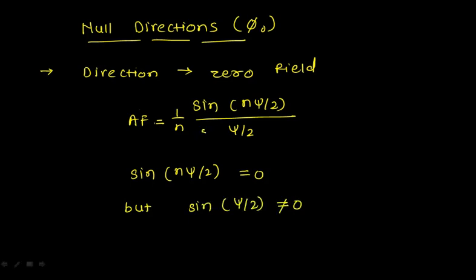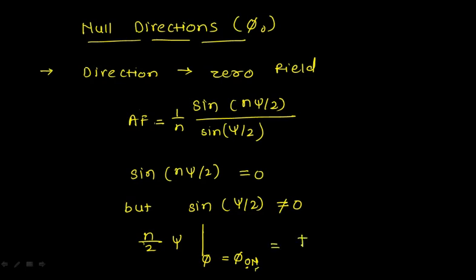Here you see the sine, because we are not aware whether our psi is very small or comparatively larger. So whenever I want n psi by 2 to be 0, if I want to denote this in another way, n by 2 psi, which is n psi by 2, where psi is equal to 0 at the null direction, and n stands for 0.